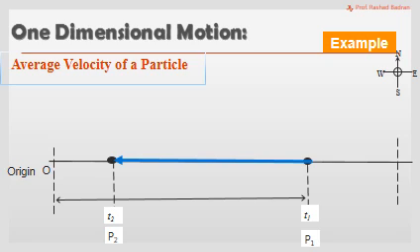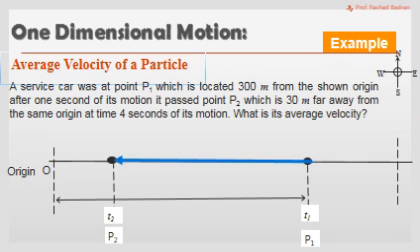This is an application on the average velocity of a particle. In this example, it will be shown that the average velocity of a car will have a negative sign. So the negative sign will indicate the direction of the average velocity towards west.